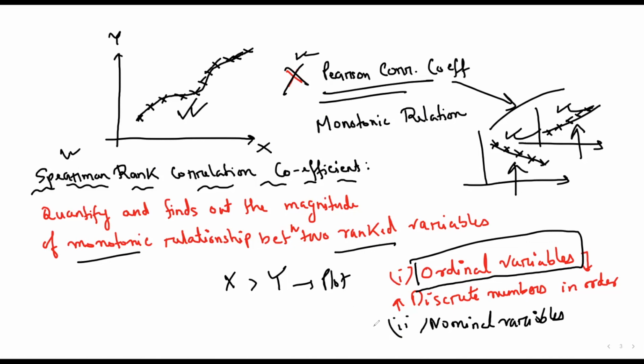Like categories, all categorical variables, you cannot use. For that, maybe you can use some other sort of correlation coefficients, like Kendall's Tau, or Goodman and Kruskal's Gamma. So these are the alternatives for Spearman correlation.